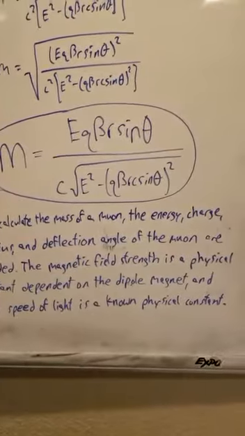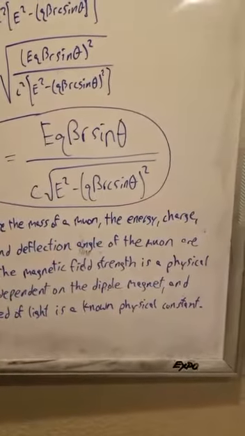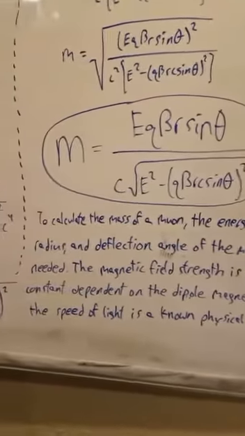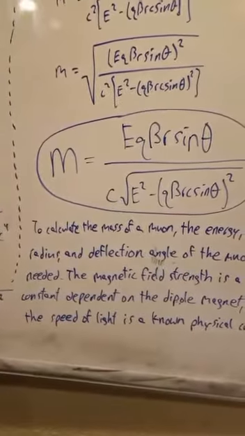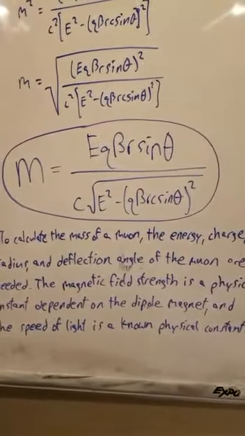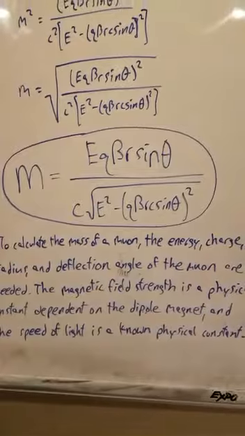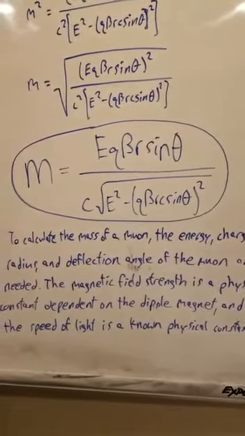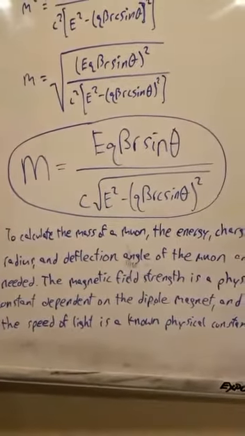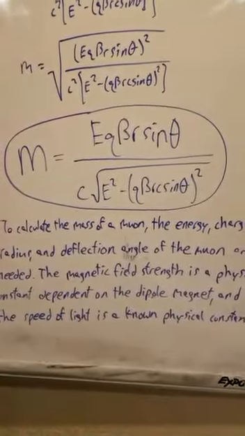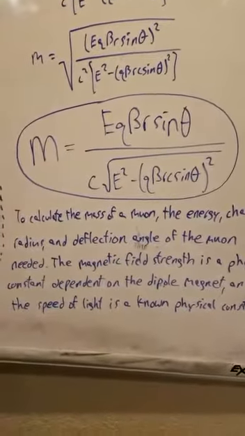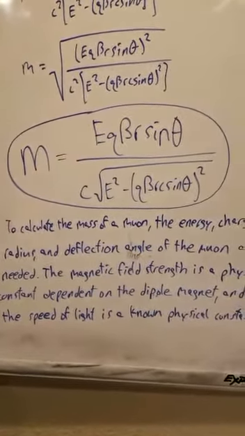Charge of the muon is given by the scintillator also before the muon shield, okay? And the magnetic field strength beta is that funny looking B. That's actually just a physical constant that depends on the dipole magnet. In our case, that's going to be given by the BRM, which is a given that we'll have. So it's not a variable in our case.